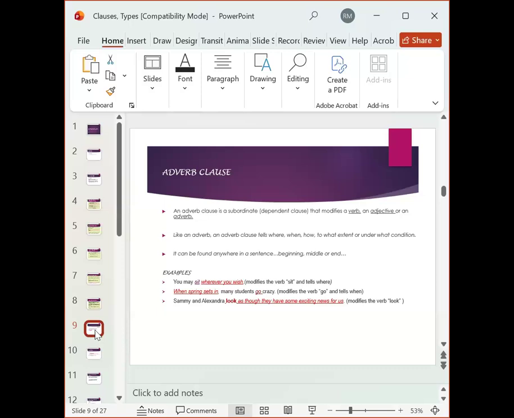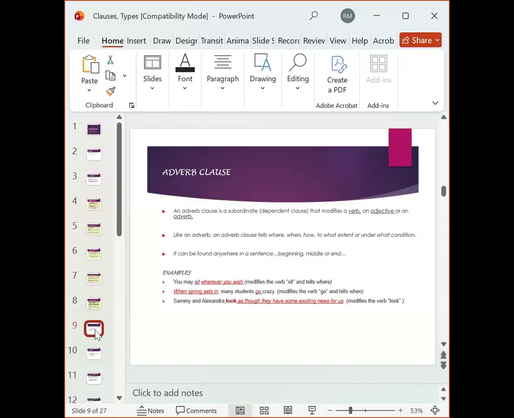Adverb clauses are also grouped in the subject, but their key function is that they function like adverbs. So they modify verbs or adjectives or even another adverb. So adverb clauses modify verbs, adjectives, or other adverbs.